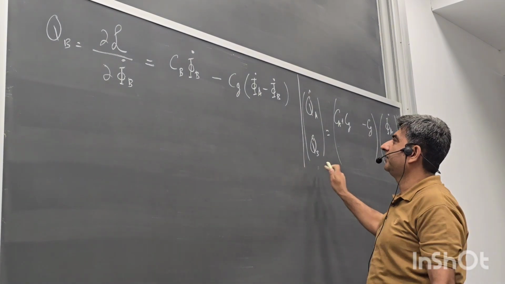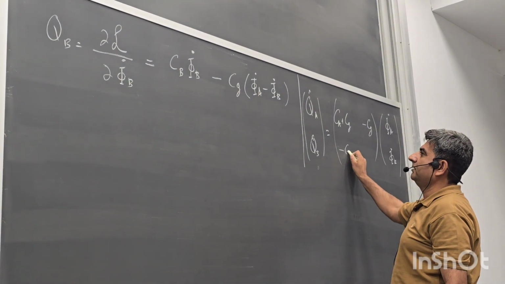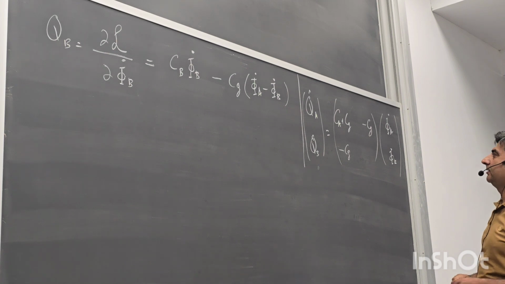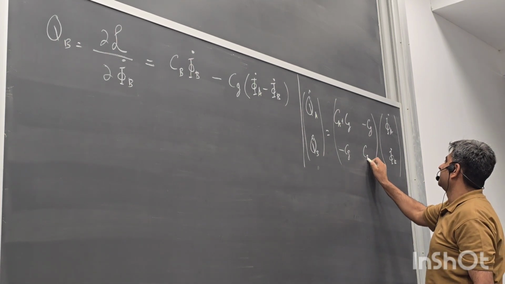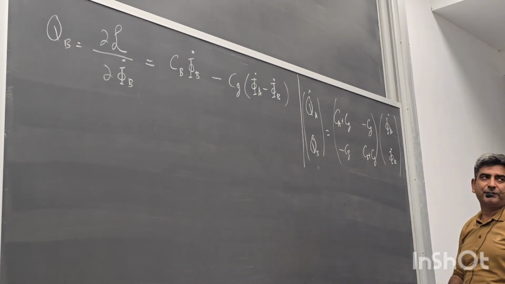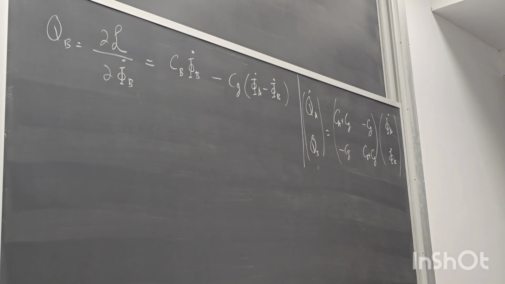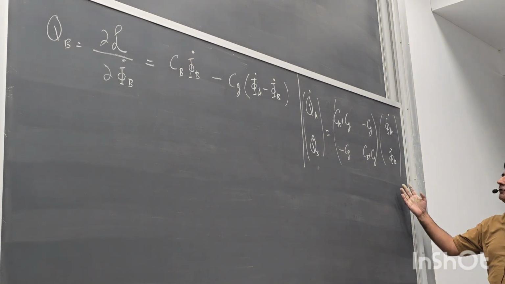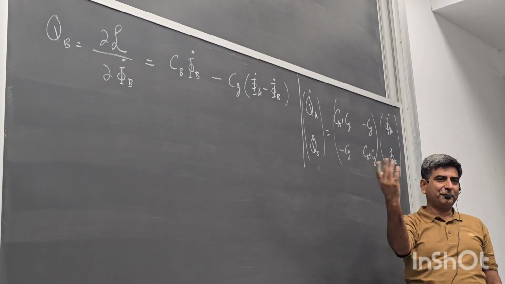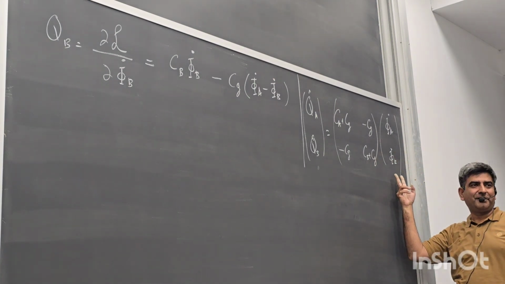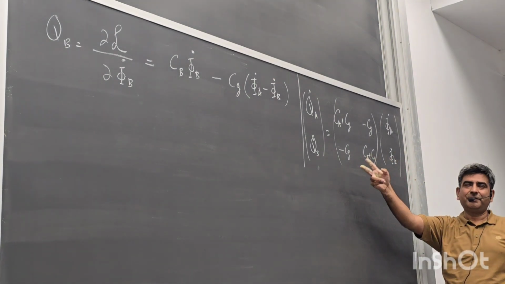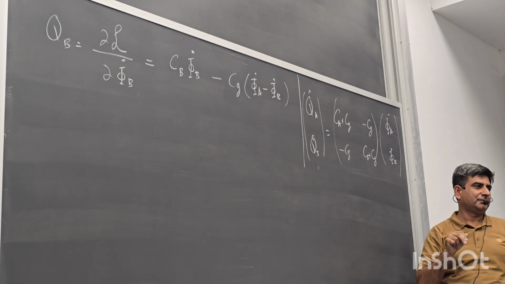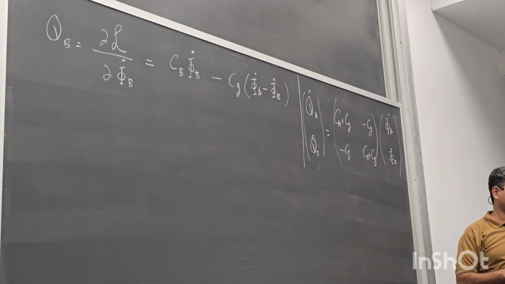QB is minus CG and CB plus CG. So this is my transformation equation. But I really need to go the other way. I need to go from the time derivatives of the flux to the charge. So I just take the inverse of this equation.